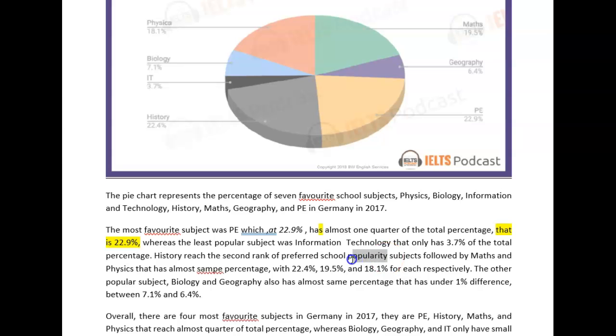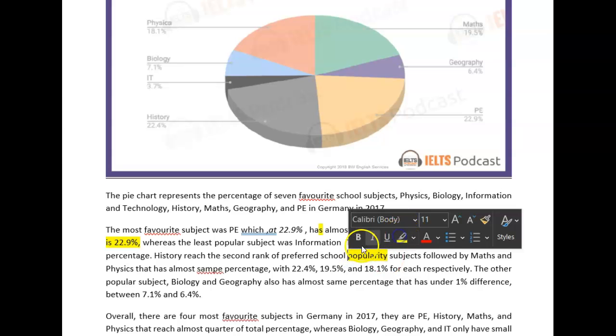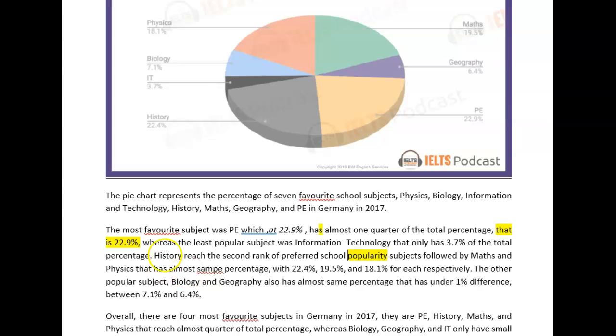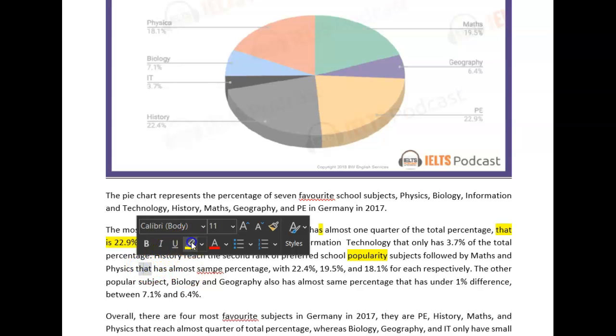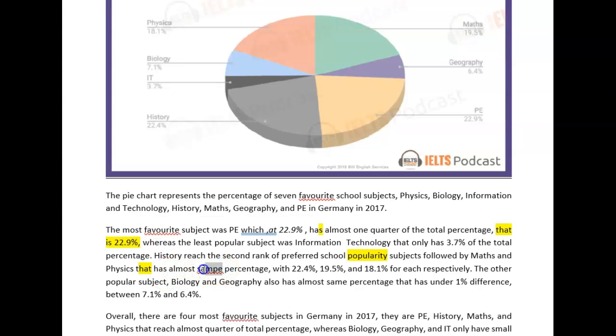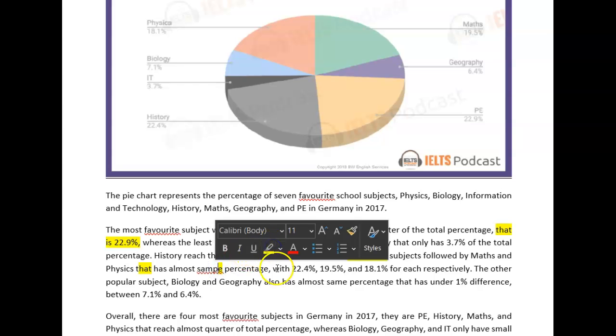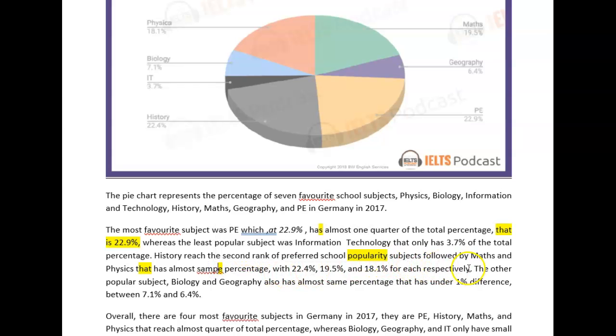So take that out. So I'm putting in a different word there, followed by maths and physics, which, you've got to have which here, had almost the same, yeah, maybe there's just a typo, almost the same percentage with, yeah, for each respectively.